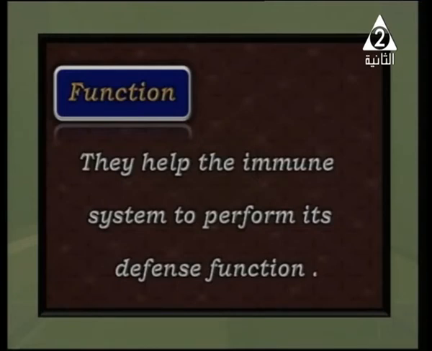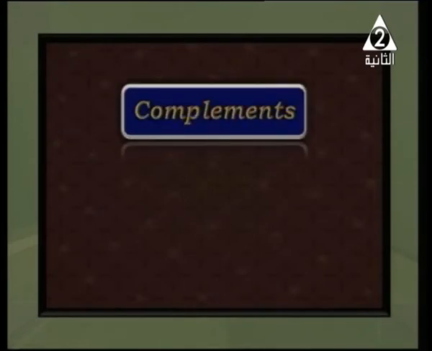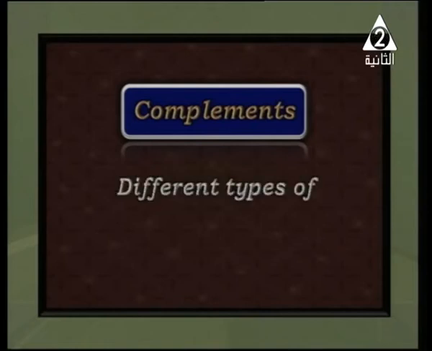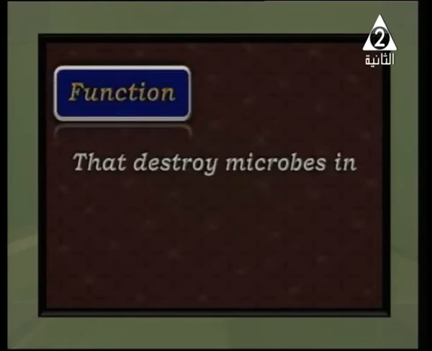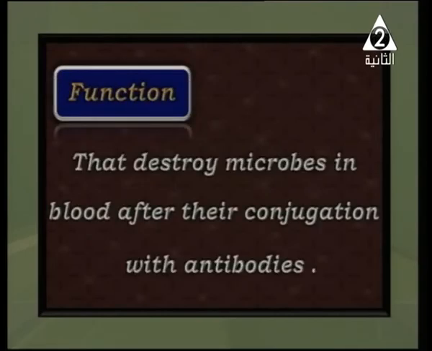We also have something that completes the function of the assisting chemical substances. They are called complements. They are different types of proteins and enzymes inside your body, and they have important functions. They destroy the microbes in the blood after their conjugation with the antibodies.